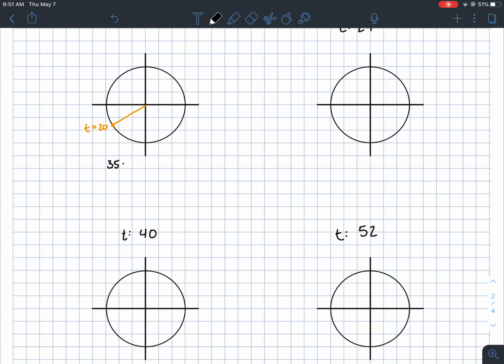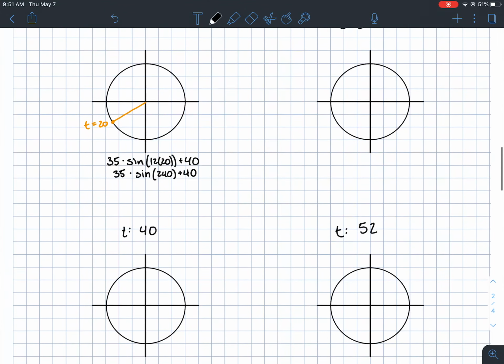We get 35 times sine of 12 times 20 plus 40. So 35 times the sine of 240 degrees plus 40.